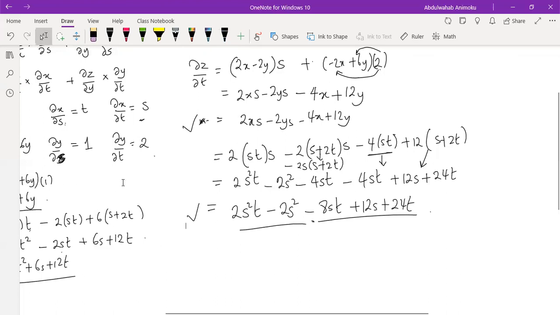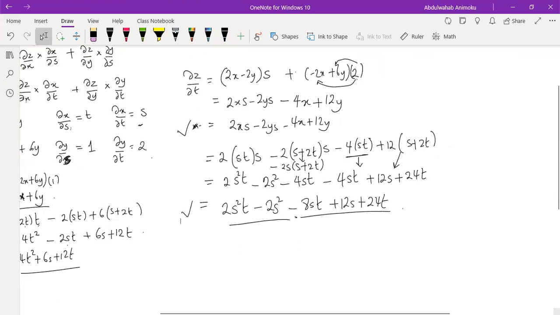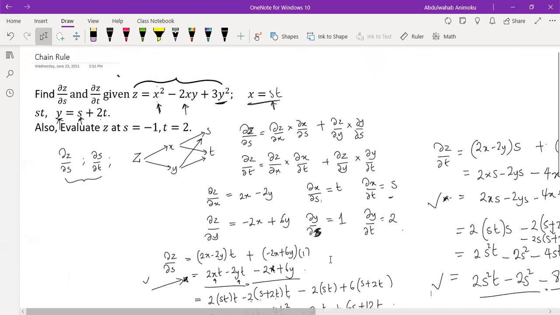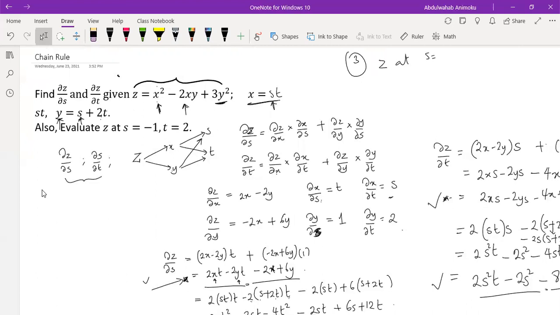Now the final part of the question is to evaluate this function z at s equal to minus 1, t equal to 2. So what does that mean? Now remember, z is a function of x and y, okay? So first of all, we need to find out what x is. Remember, x is s times t.